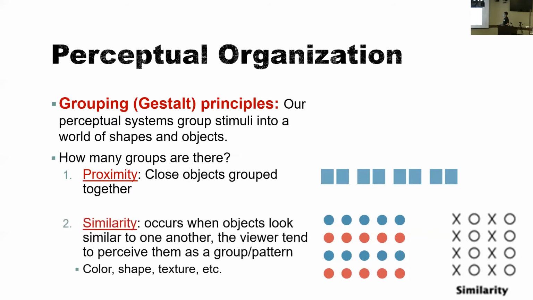And we also have the similarity principle, which occurs when objects look similar to one another, and the viewer tends to perceive them as a group and pattern. And this can be shape, color, texture, and so on. I'm not telling you how to group them, but you have a pre-existing idea how to group them on your own, right?